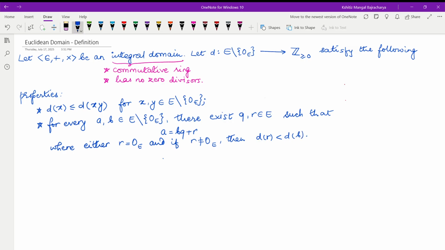Okay, these two conditions. So we have an integral domain and a function d satisfying these two conditions.